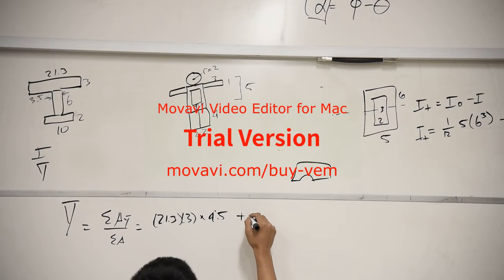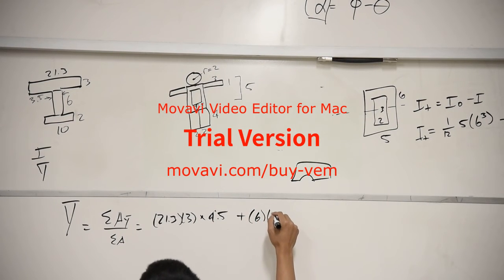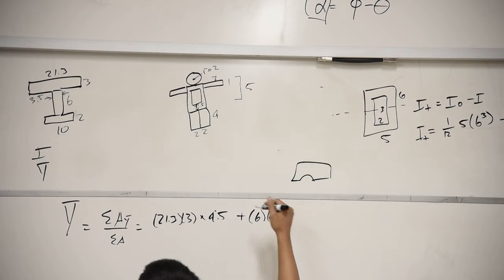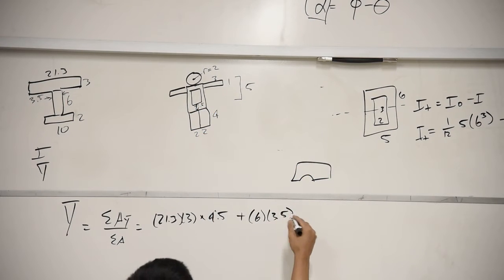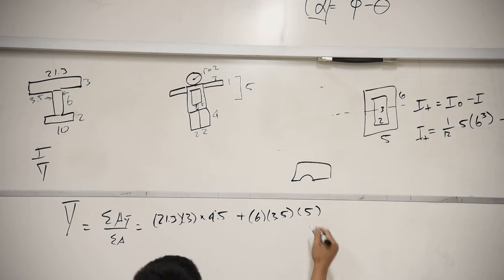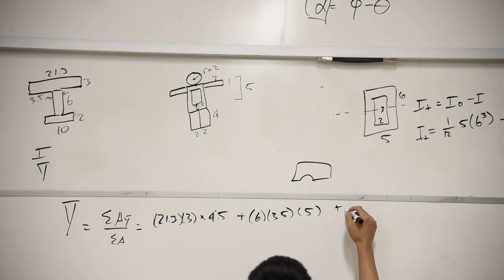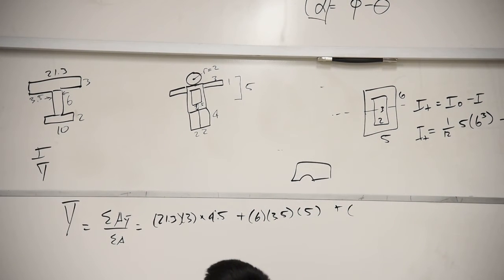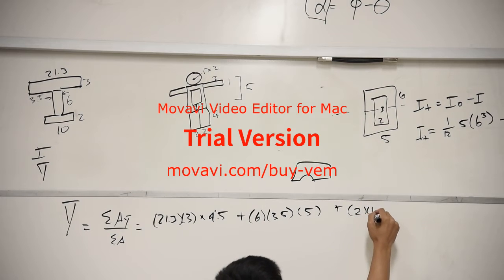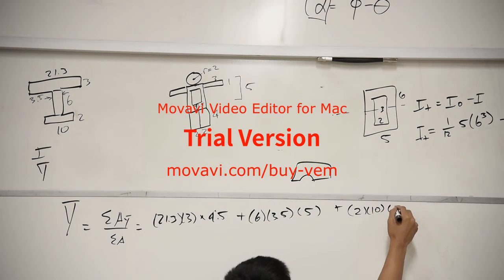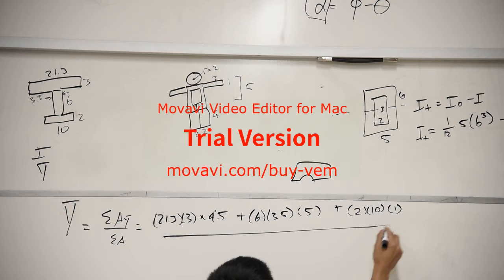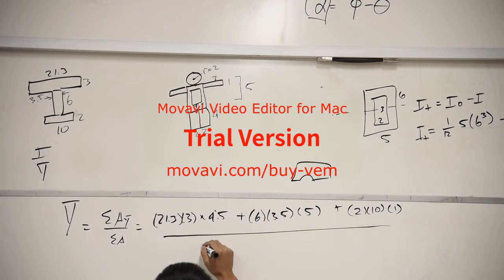Plus the next one: 6 times 3.5, and 2 plus half of 6 is 5. Plus this one, 2 times 10, plus half of 2 is what? All over the sum of the areas.